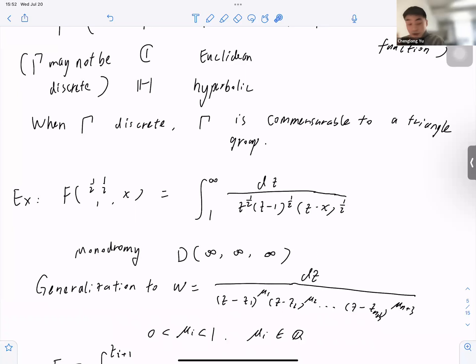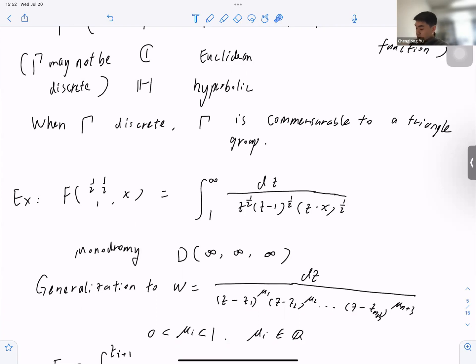And a natural generalization of this period integral or hypergeometric differential equation is to keep adding those variables, or the singularities of these differential forms.